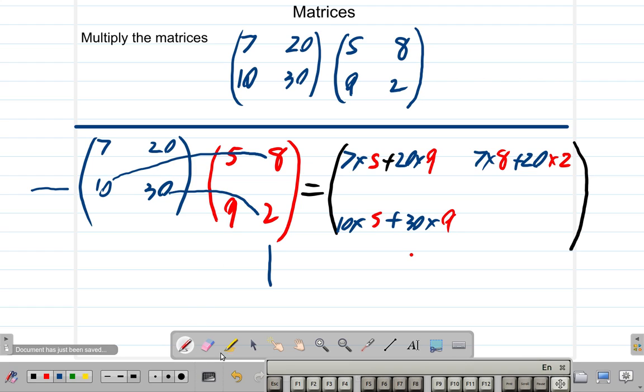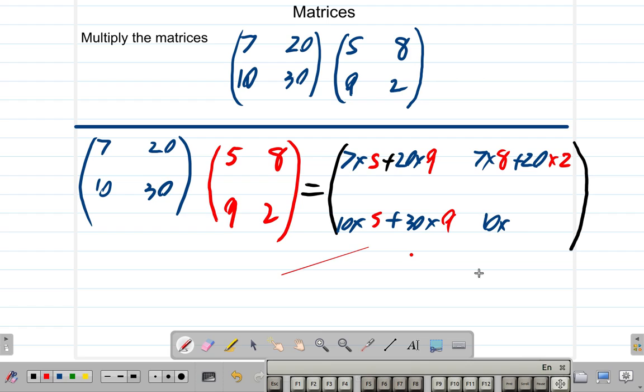So you can see that 10 by 8 plus 30 by 2. Alright, so it's going to be 10 times 8 plus now 30 times 2. So there we have it.